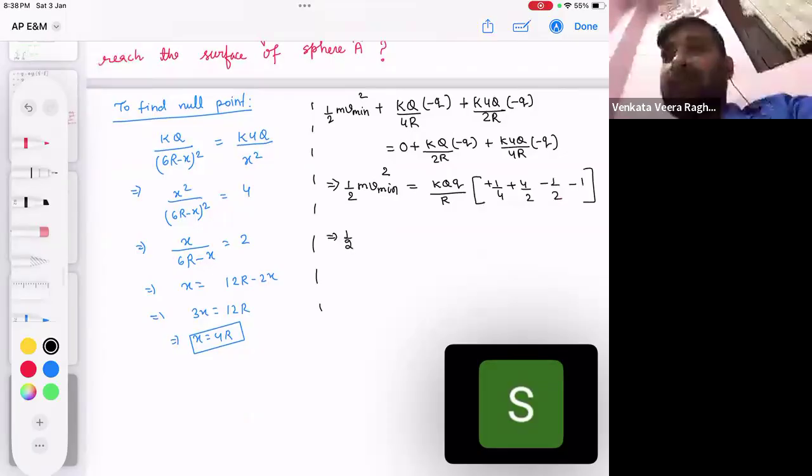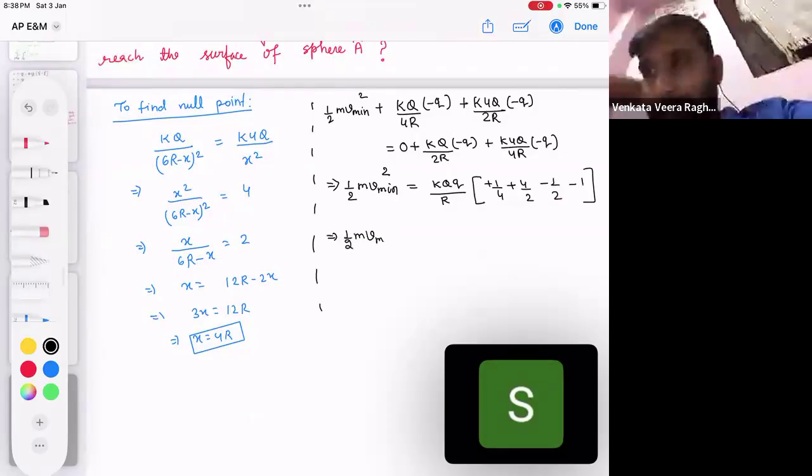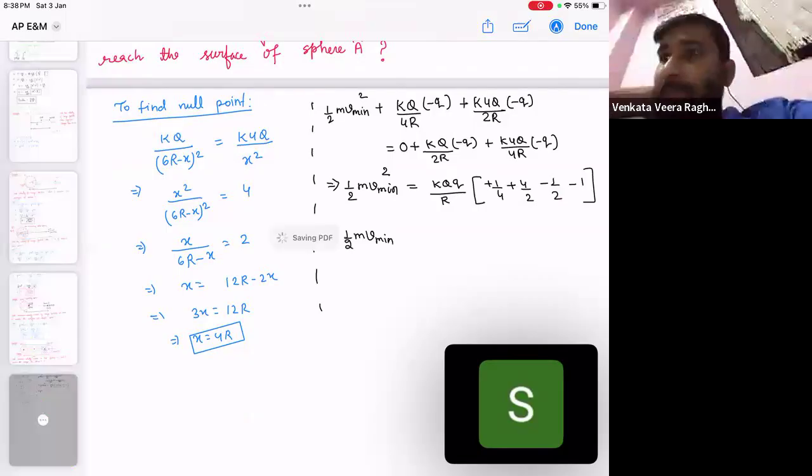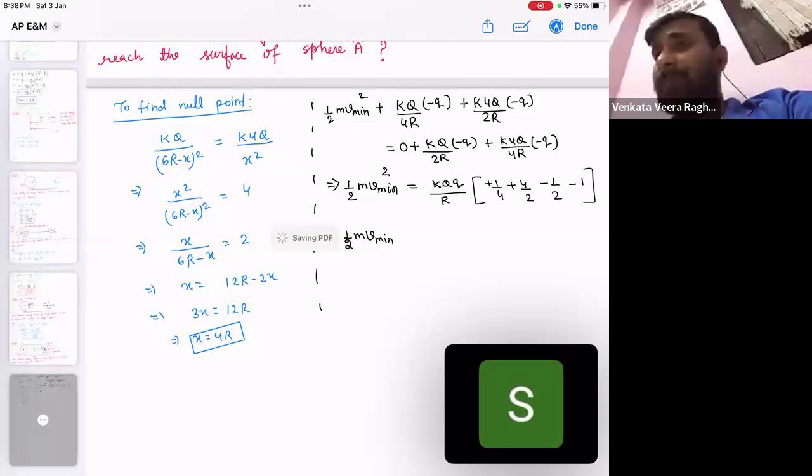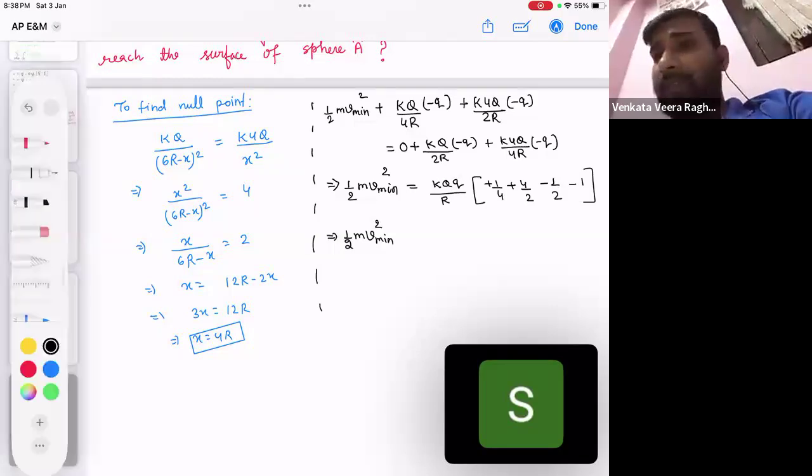Half m v minimum square, right? 1 by 4 plus 2 minus 1 by 2 minus 1. Okay, just that addition and subtraction is needed, isn't it? Once we finish that, we will get our answer. K capital Q small q by r, that is 1 by 4 plus 4 by 2 means 2. 2 minus 1 is 1, minus 1 by 2.